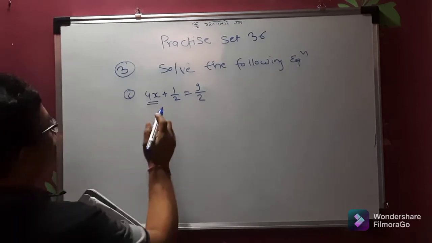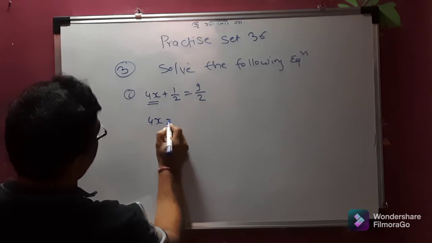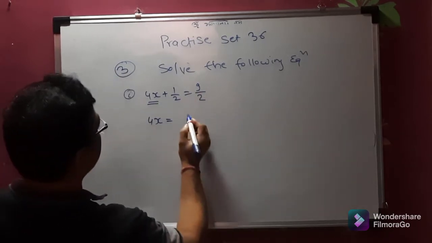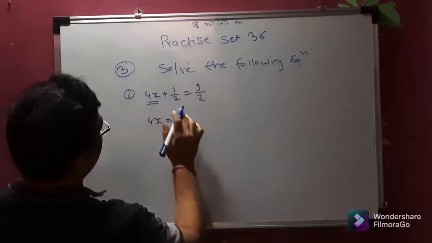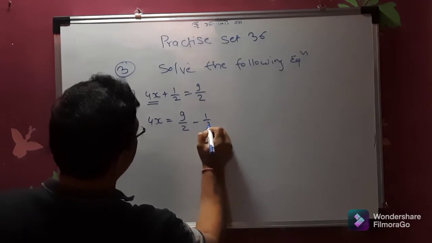We will keep this 4x here and move the numbers to the right hand side. So here 9 by 2, and this plus 1 by 2, when we move it to the right hand side, it will become minus 1 by 2.